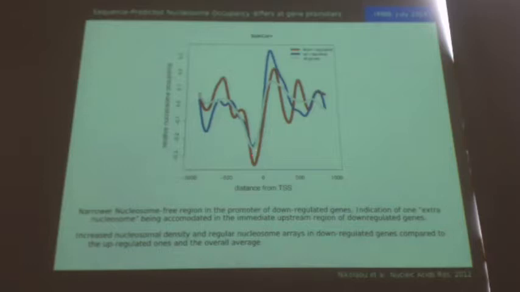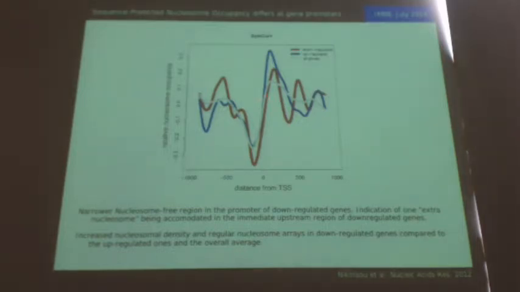There is a narrower nucleosome-free region for the downregulated genes, even compared to the average of the yeast genes, and especially compared to the upregulated genes. So you see that there is even an area where an additional nucleosome could be accommodated, in the same area where the upregulated genes are not predicted to have a nucleosome.